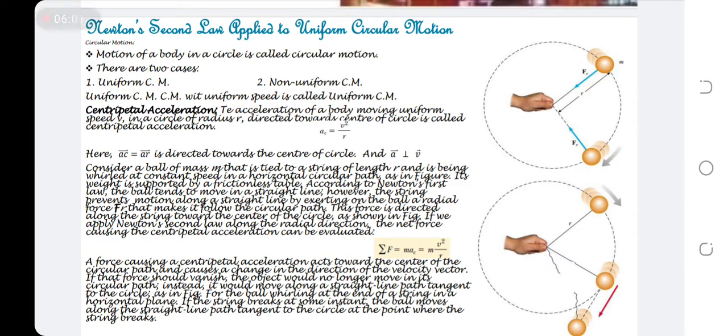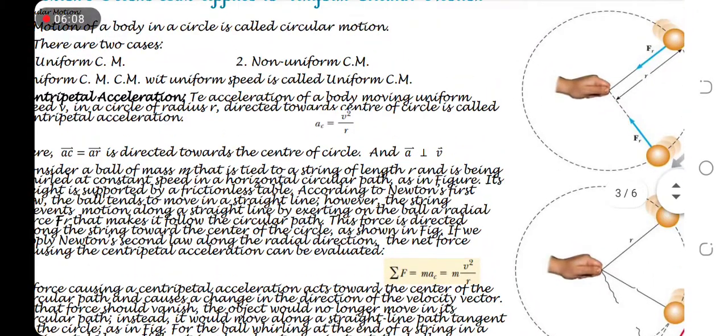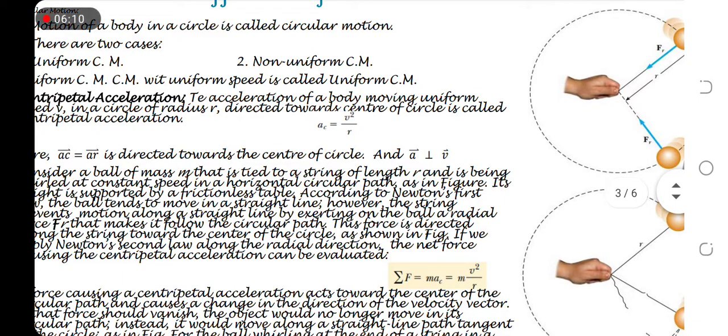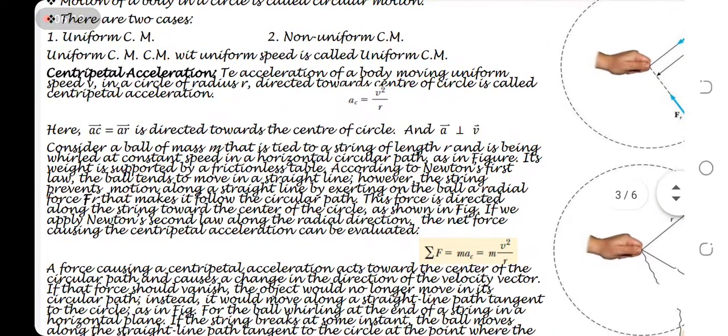In a typical way, we study the centripetal acceleration as the acceleration of a body moving with uniform speed v in a circle of radius r, directed towards the center of the circle, is called centripetal acceleration.